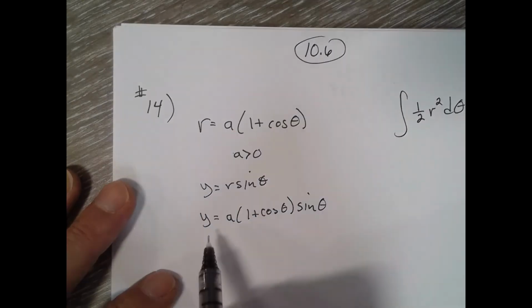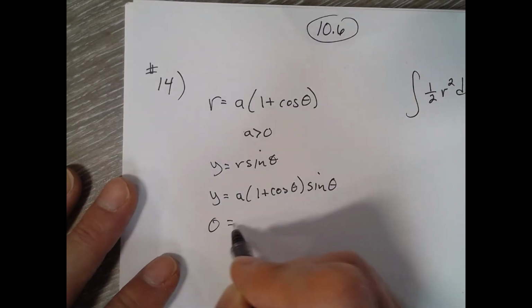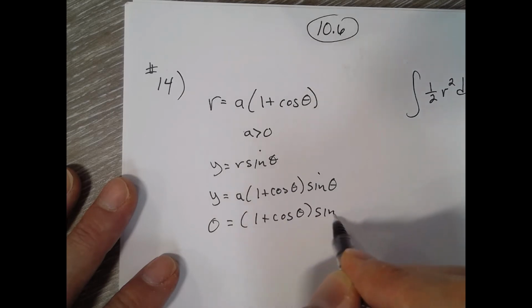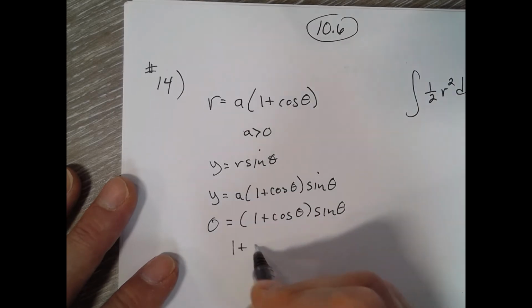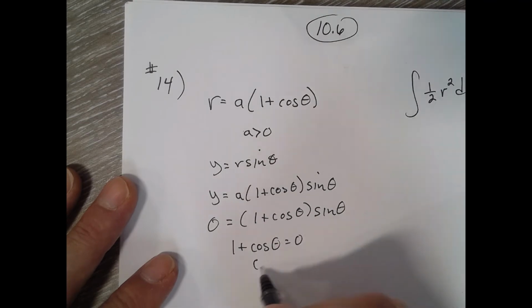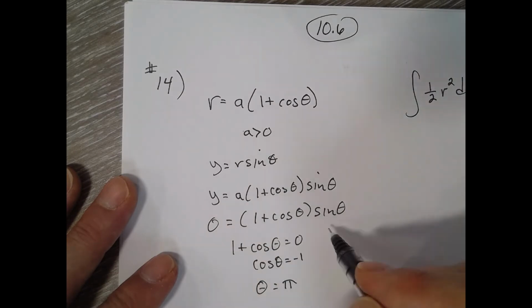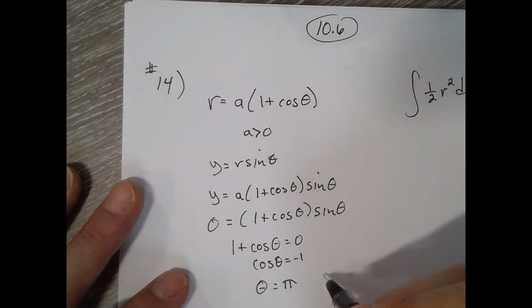Figure out when that's 0, so you can set it equal to 0. The a doesn't matter, so 1 plus cosine theta times sine theta. Set each of those equal to 0. So cosine theta equals negative 1. Well, that is at pi, and sine is equal to 0 at 0, pi, 2 pi, and so on.